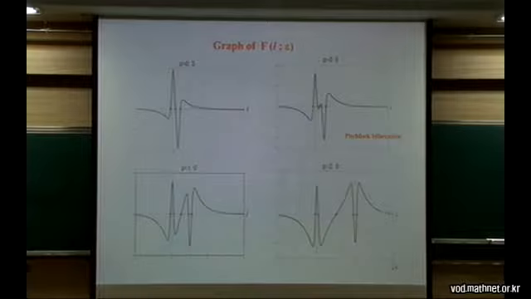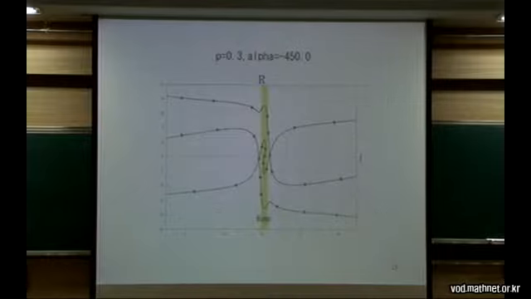Okay, so let's draw a solution trajectory for this case. There are 3 constant solutions, the blue ones are the saddles. These trajectories are the stable and unstable manifolds, right?